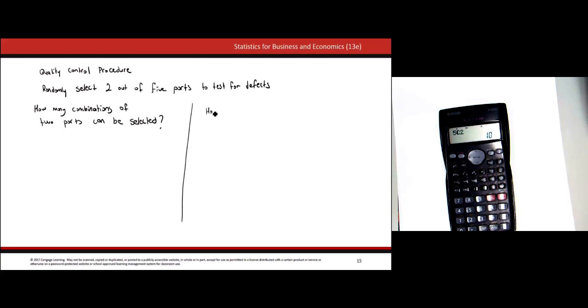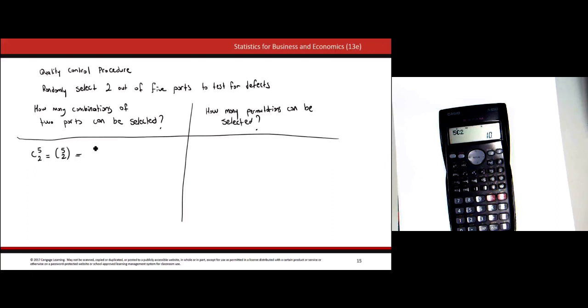Now, how many permutations? Now we will calculate the number of combinations and number of permutations like we did before.